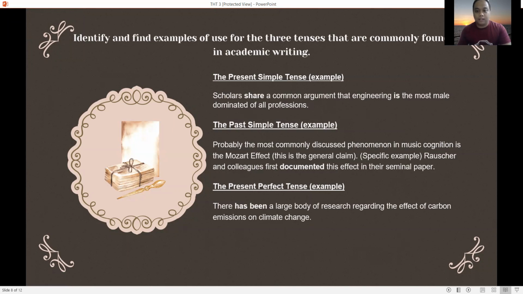This is the general claim, and a specific example: Rauscher and a colleague first documented this effect in their seminal paper. And the last example, present perfect tense: there has been a large body of research regarding the effect of carbon emissions on climate change.